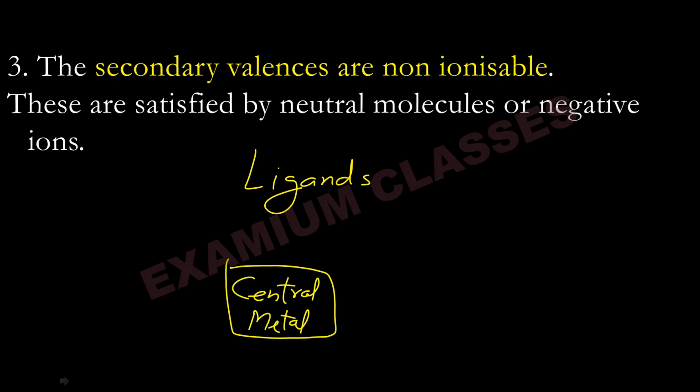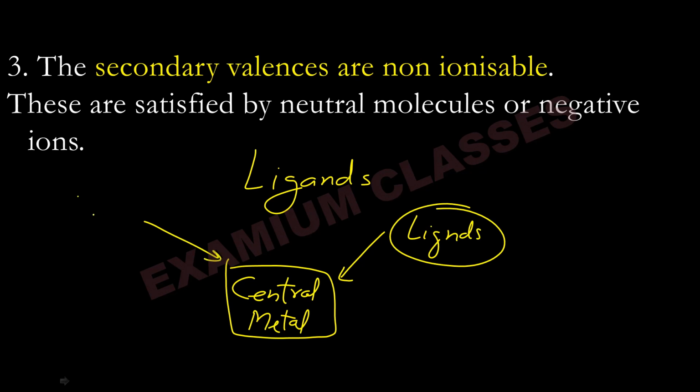So central metal, and then you have ligands. These ligands can be negative anions or neutral. Both are possibilities. I told you why: even if it is neutral, it has a lone pair, it can donate the lone pair. So that's why a coordinate bond is possible.